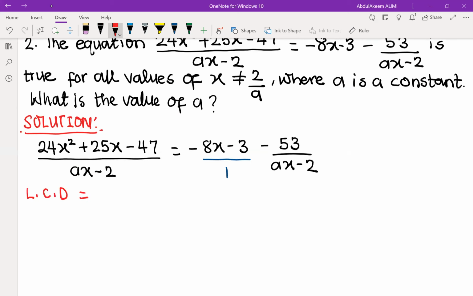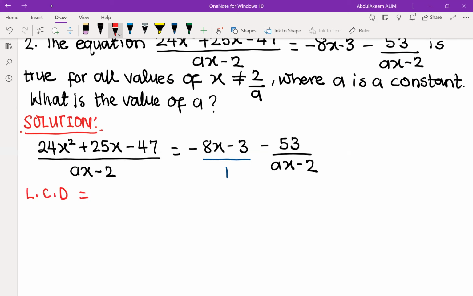From my left-hand side, this will become 24x squared plus 25x minus 47 equals ax minus 2 times minus 8x minus 3, plus minus 53.